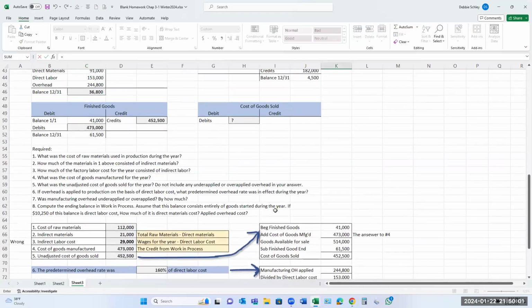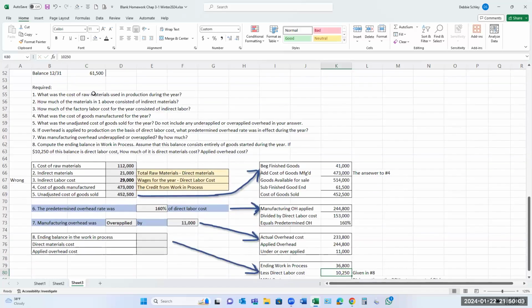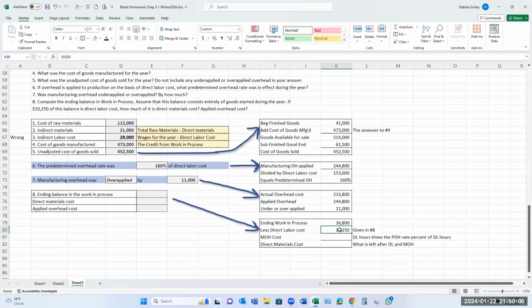So equals 36,800. And I'm going to subtract that 10,250 that they told me in 8. So equals this minus this. That's not right. Ignore everything I just said right there. Okay. Manufacturing overhead cost is the direct labor cost times the predetermined overhead percentage rate of direct labor cost.